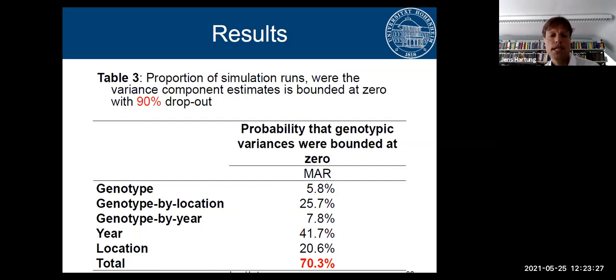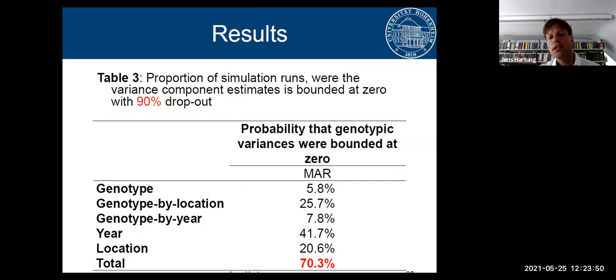So REML estimates can be biased, or approximately unbiased only for large sample sizes. And when the ANOVA estimate is negative, then the REML estimate, because it is required to be positive, is set to 0.